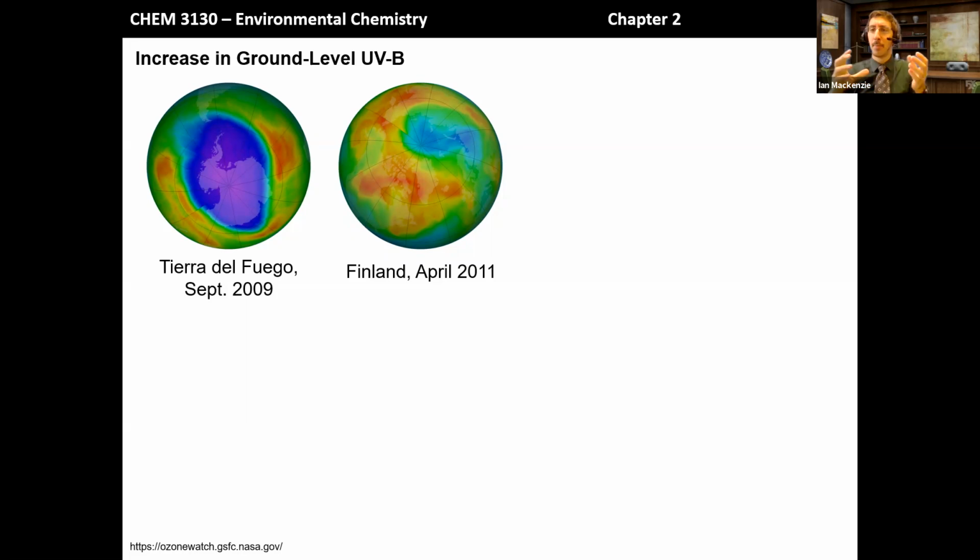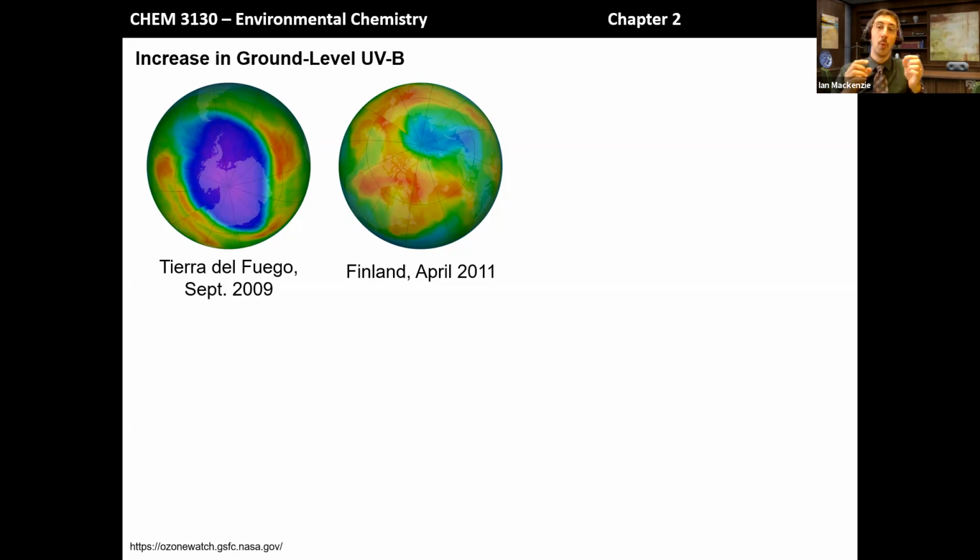Now, we'll pause right here and talk for a moment about why the North Pole does not have the same polar ozone hole as the South Pole does. Well, it's due to a couple reasons. One is the Himalayas. Throughout Europe and northern Europe, the Himalayas stretch so high into the atmosphere that air coming off of them is carried up into the stratosphere, and that air is warmer than the normal stratospheric air, and it warms the stratosphere during the winter months.